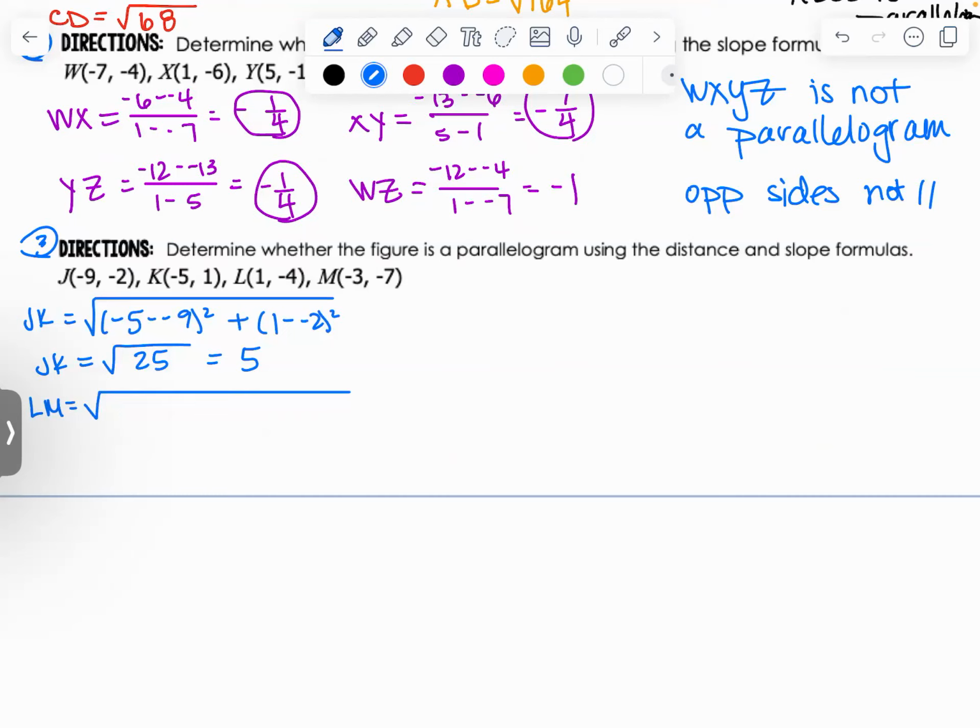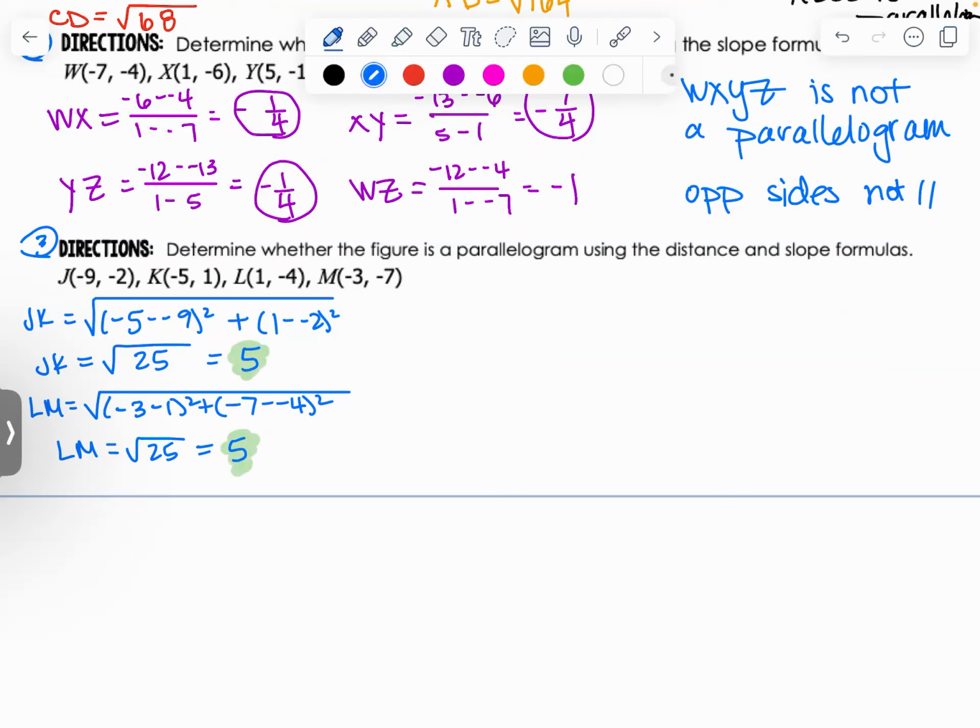All right, LM. We're gonna need to take -3 minus 1 squared and -7 minus -4 squared. Do we once again get 16 plus 9? Yep.